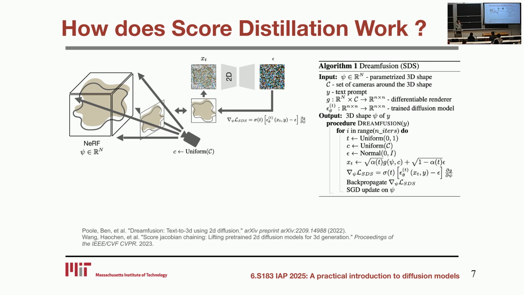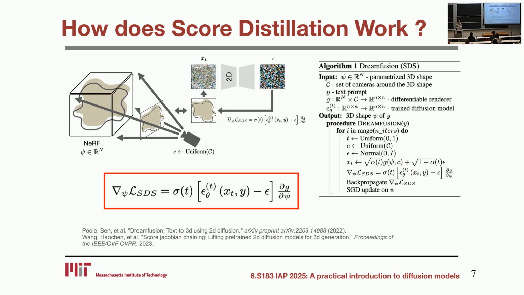Right? So it's an important detail that we don't have a loss function that we backpropagate through. The initial score distillation formulation gives us the gradients directly, that we just plug in as gradients of the image. And just to zoom in, this is the formula, right? Super simple, just the difference between predicted noise and the added noise.